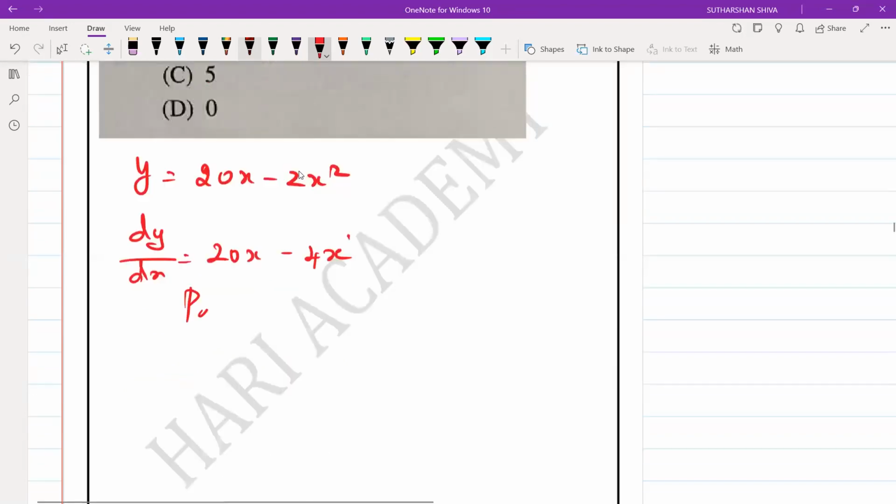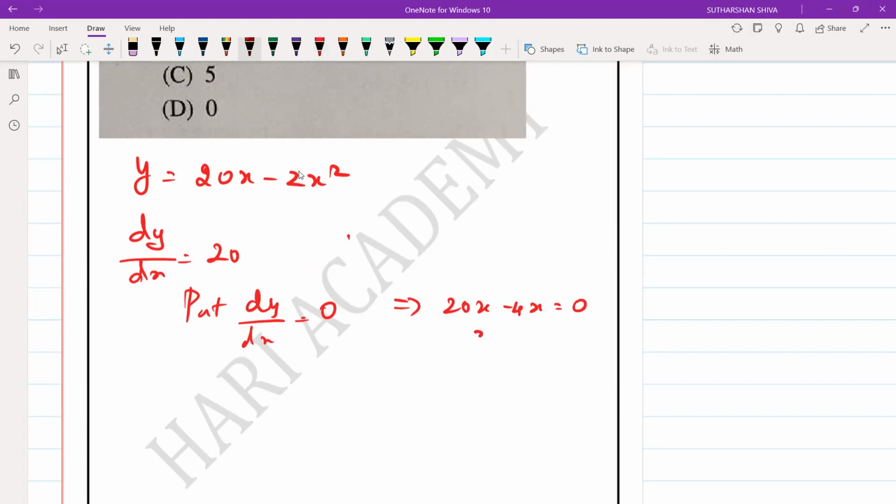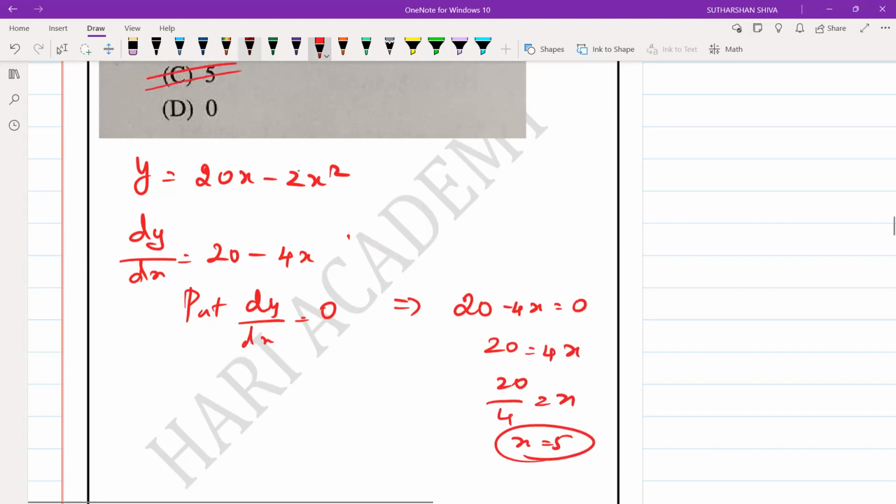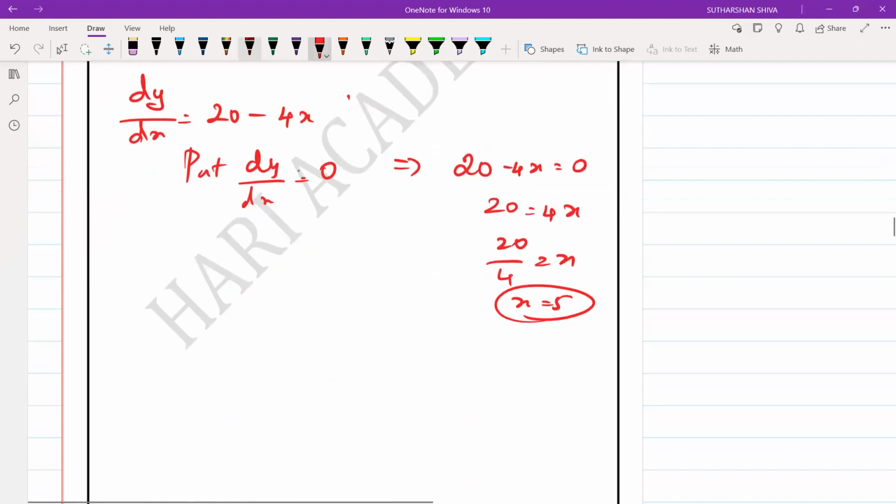Now put dy by dx equal to 0. It will become 20 minus 4x is equal to 0. So 20 is equal to 4x. 20 by 4 is equal to x. X is equal to 5. My final value is option C. Option C, 5 is my answer.